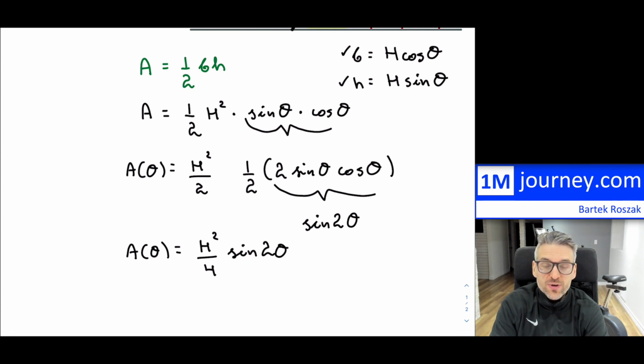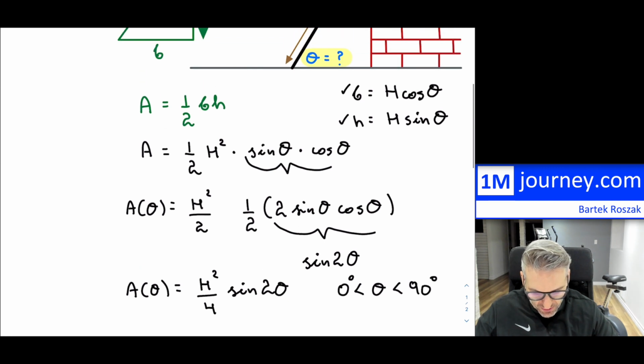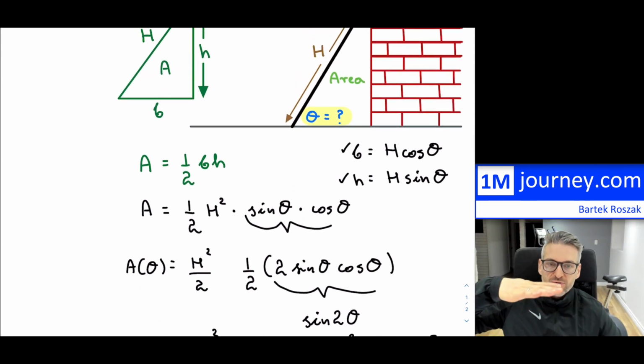So I can take the derivative of this with regards to theta, with regards to the angle. Now, this angle cannot be outside of this range, so let me be careful in here. I'm going to put this in degrees. Of course, it can't be 0 because then the ladder is just flat, right?